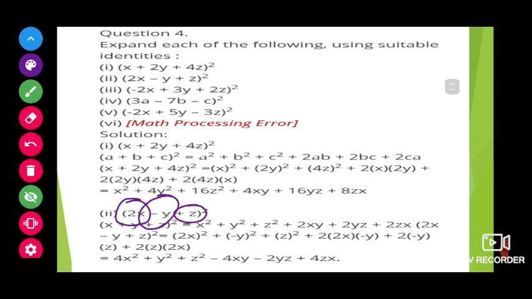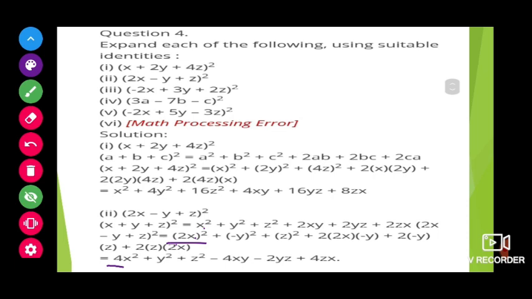So substitute: x² means (2x)², y² means (−y)², z² means z², plus 2xy means 2 into 2x into minus y, 2yz means 2 into minus y into z. Next 2zx means 2 into z into 2x. Now simplify. (2x)² means 2 2s are 4x², the square is applicable for both 2 and x.